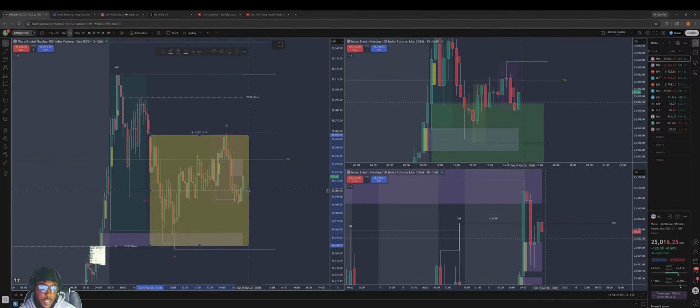Since about 11 this morning, we just been trading in this little yellow area right here. Yeah, price doesn't really know where it wants to go. This little spike was Trump talking, and then this spike down was probably when that little meeting ended.